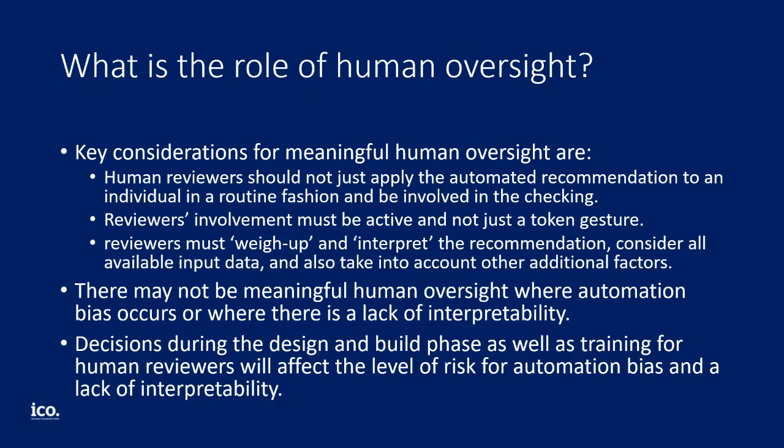So they should actually be actively checking the outputs, and their involvement should be active and not just a token gesture. The reviewers need to actually weigh up and interpret the recommendation, but also consider other available information and other factors that might mean that this individual should get a different decision to what the system recommends.